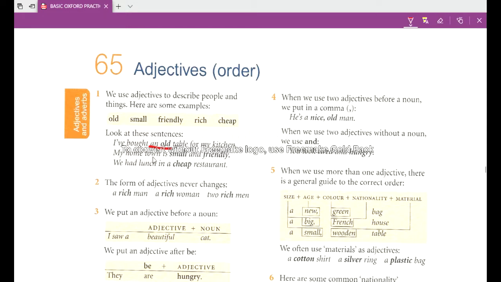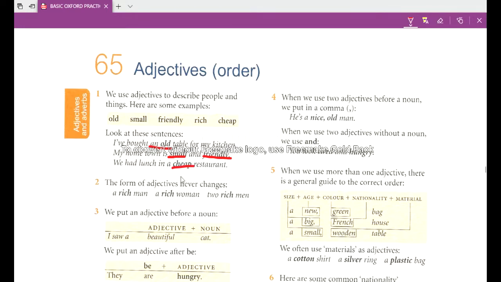My hometown is small and friendly. We have two adjectives here, small and friendly. I mean, the city is not very big, it is small, but a very good city to be in, a friendly city. Another sentence: we had lunch in a cheap restaurant.